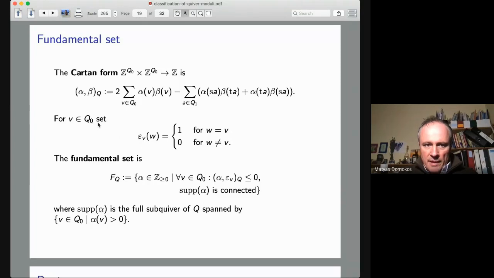And let's denote by epsilon v the dimension vector whose value is 1 at the vertex v and 0 on all the other vertices. So these epsilon v's are just the standard basis vectors in Z^{Q_0}. And then the so-called fundamental set consists of those dimension vectors which satisfy the inequalities that the value of the Cartan form on alpha and the standard basis vectors is non-positive.